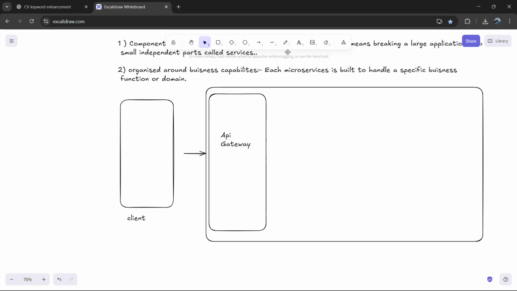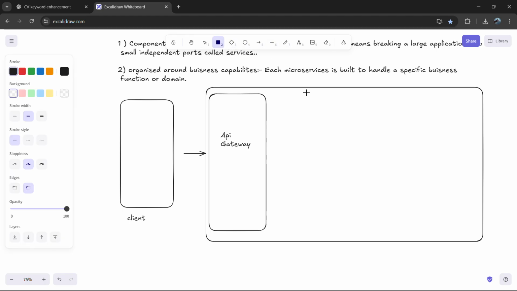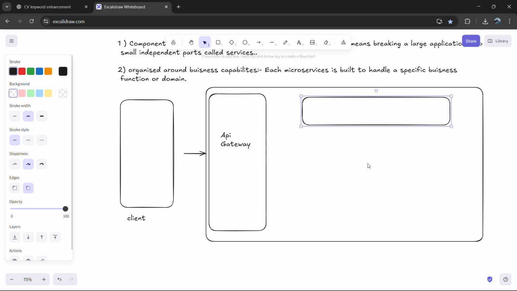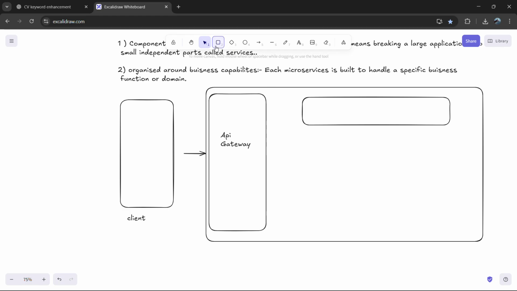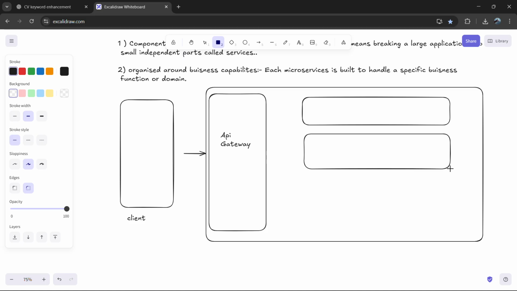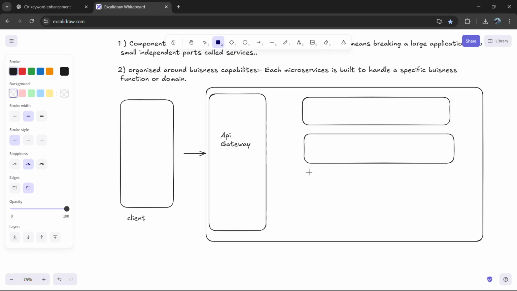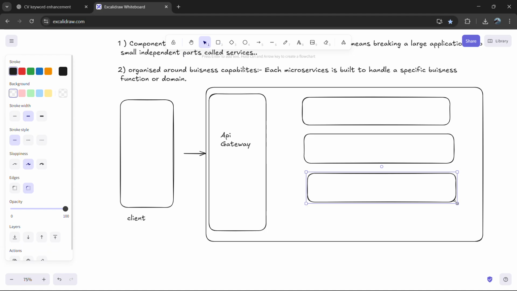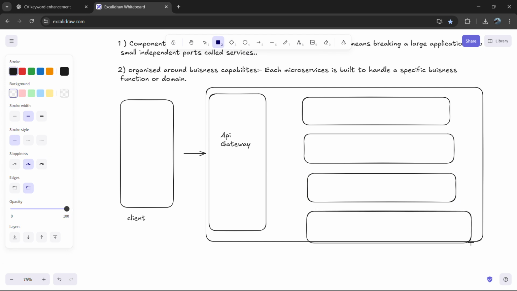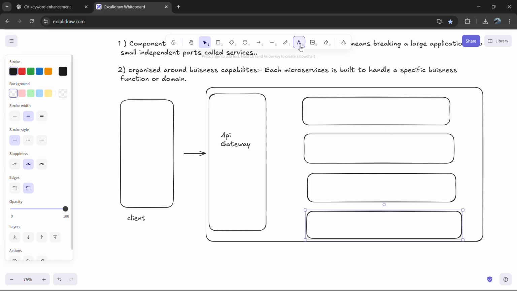And this API gateway further connects to several business capabilities. These are the different services for our business.